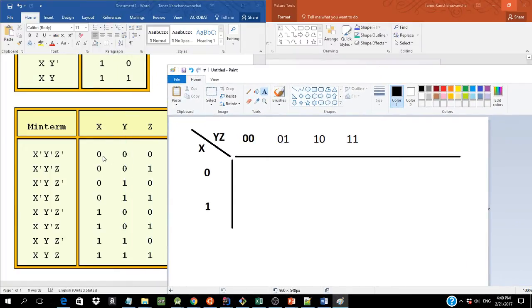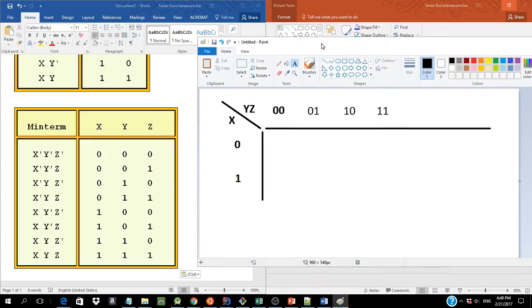All the possible values. So basically, I construct from here. X could be 0, Y and Z can be 0, 0. So that means the minterm is X bar, Y bar, and Z bar right there. That's not an equation. That's a label of the axis. This represents this whole table, right? Minterm, right?